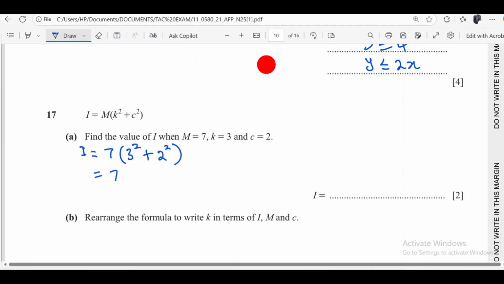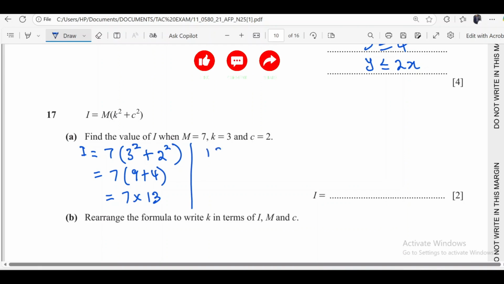So this gives us 7 times 9 plus 4, so we have 7 times 13. Of course, you can do this: 13 times 7, we have 21, we have 2 left. 7 times 1, 7 plus 2, 9. So it gives us 91. So this is 91.